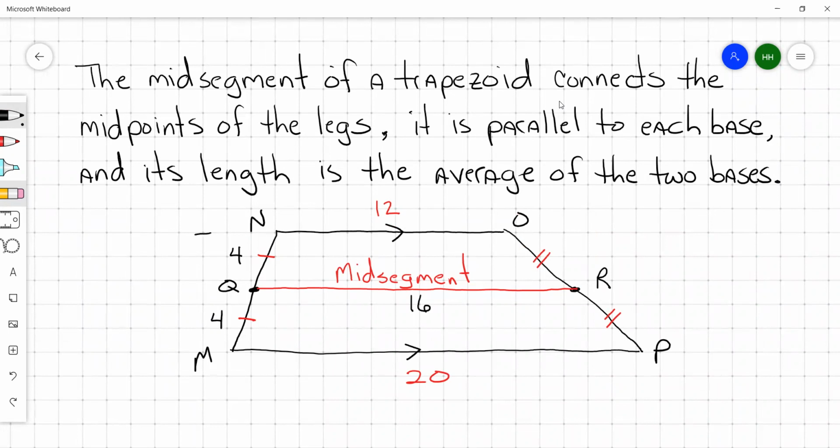And this whole leg would be equal to 8. Same on the other side. If O to R is 5, what's the length of the whole side? 10. Clear?